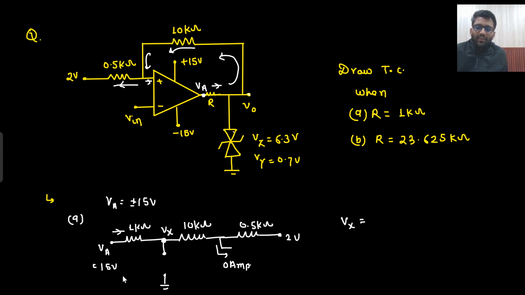So what is the value of Vx? 15 into 10.5 plus 2 into 1, divided by 11.5.